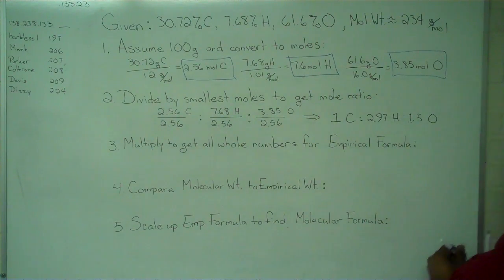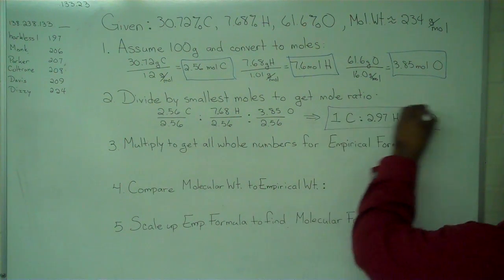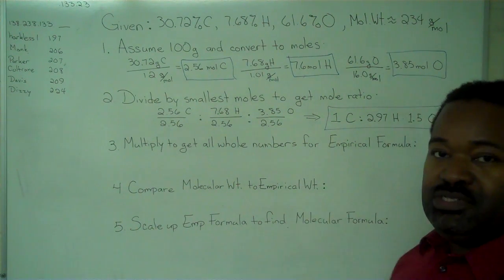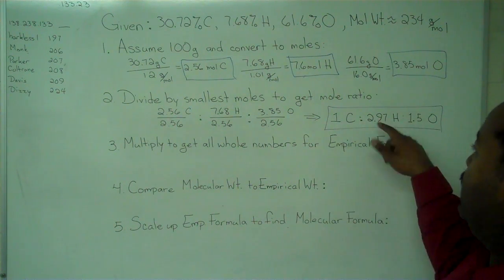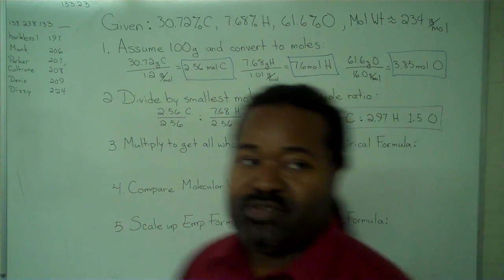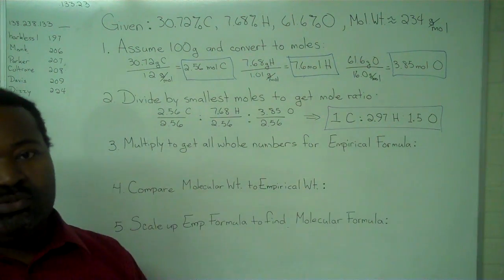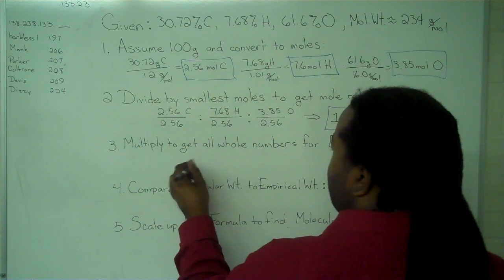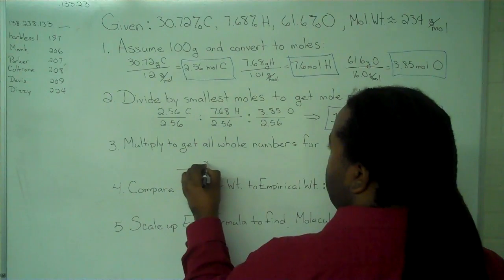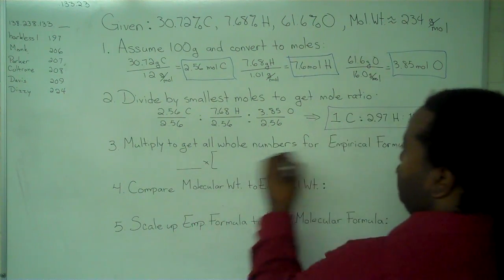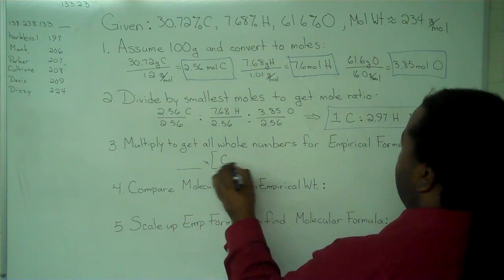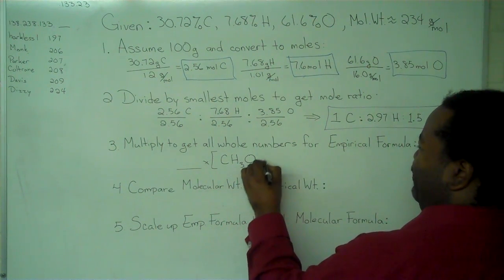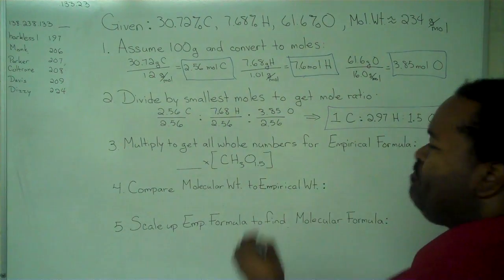So this ratio then gives us the basis for finding an empirical formula. You'll note that these are not all whole numbers, but we can round off that 2.97 on the hydrogen here to a value of 3. And so when we write that out, we have to find something to multiply that weird looking empirical formula where we have 1 carbon, 3 hydrogens, and 1.5 for oxygen.